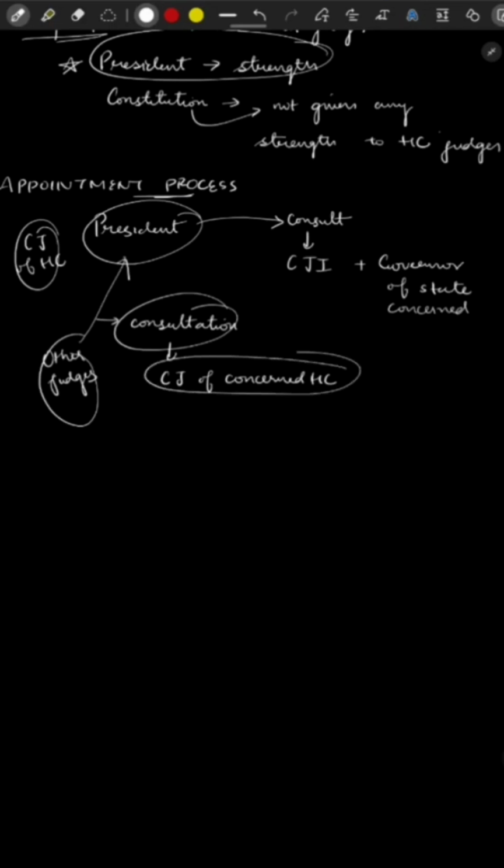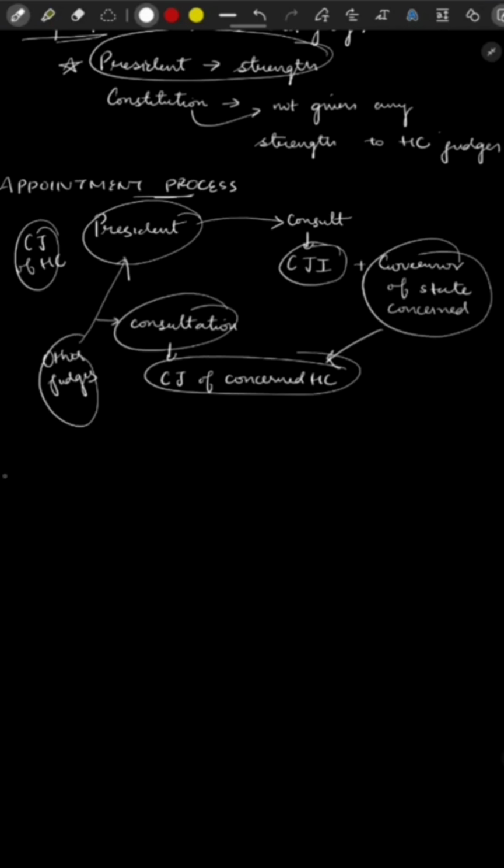So along with the Chief Justice of India and the Governor of that state, the Chief Justice of the concerned High Court is consulted.